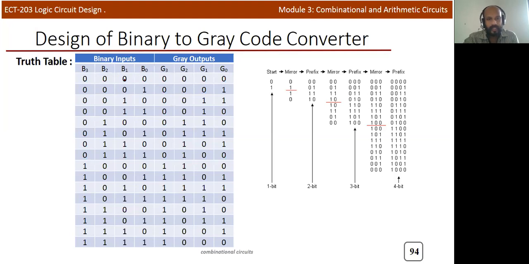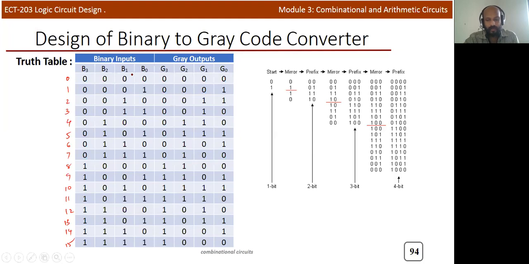First, we need to write the binary sequence. Okay, so here you can see the binary sequence. It's a 4-bit sequence, so you can write 0, 1, 2, 3, 4, 5, 6, 7, 8, 9, 10, 11, 12, 13, 14, 15. So binary values of 0, 0, 0, 0 to 1, 1, 1, 1. 4-bit we are using, so you'll get 16 combinations.